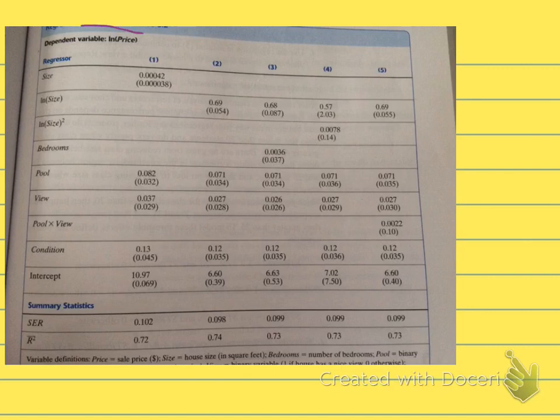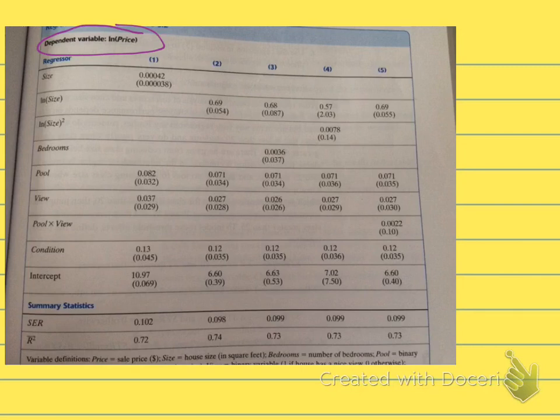Our dependent variable is the log of the price of a house. We have a sample down in the footnotes. Actually, this is probably a made-up regression, so it doesn't give us what the sample size is.